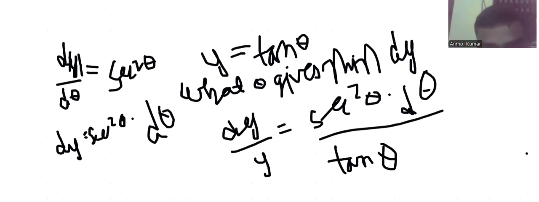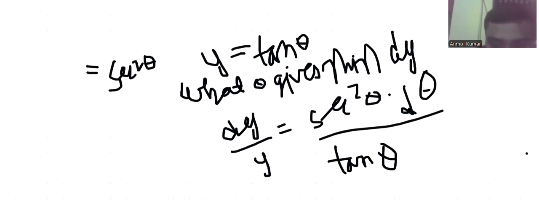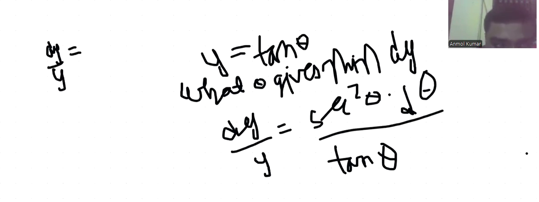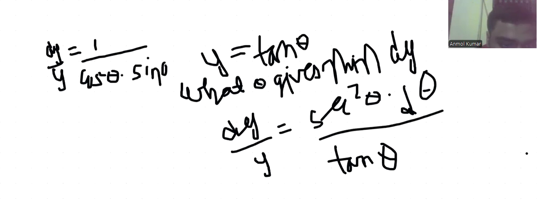Now, if you know a bit of trigonometry, I am erasing this slide since I don't have any space over here. It will give dy upon y. What is sec square theta? It is 1 upon cos square theta. And what is tan theta? It is very common, sin theta upon cos theta.